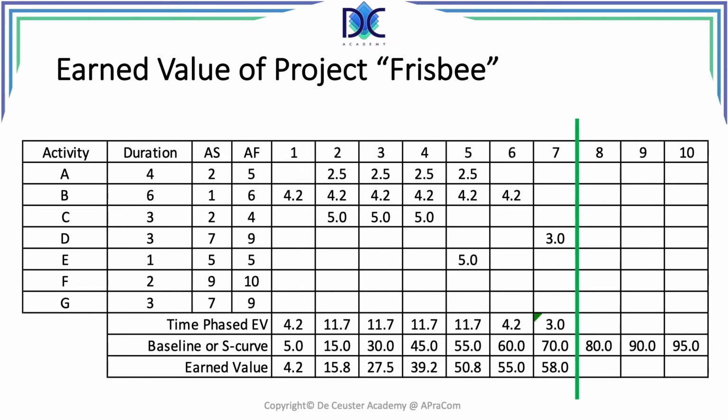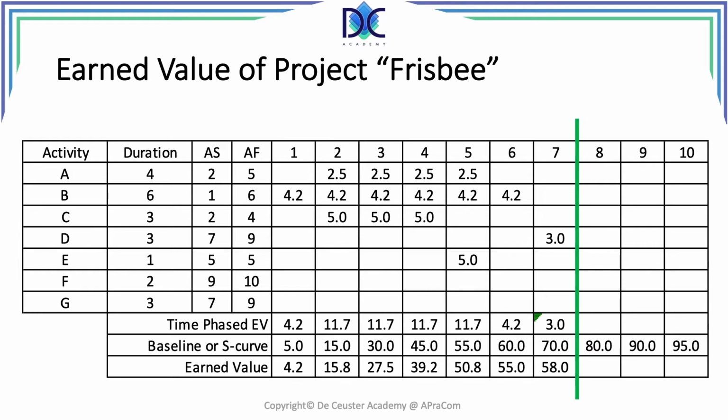In this table, we see the actual start and actual finish times of the different activities. We also see the value that was earned during the execution of those activities.